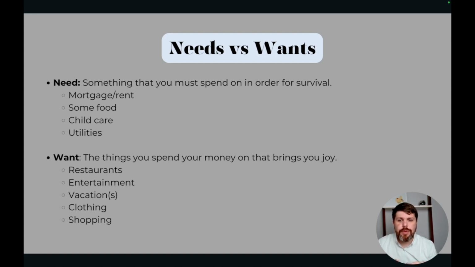So in order to help reduce, we need to figure out what our needs and what our wants are. A need is something that you must spend money on for survival. So we have the mortgage, we have the rent, some food. You can't go an entire month without eating. Childcare. If you have children, childcare is a need, especially if you're working, because you need that time to work in order to build up your income so you can afford other things and your children can get other things.